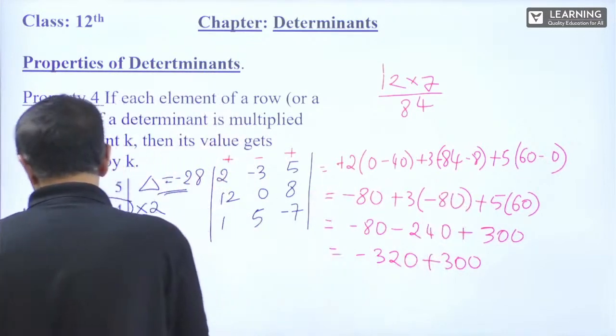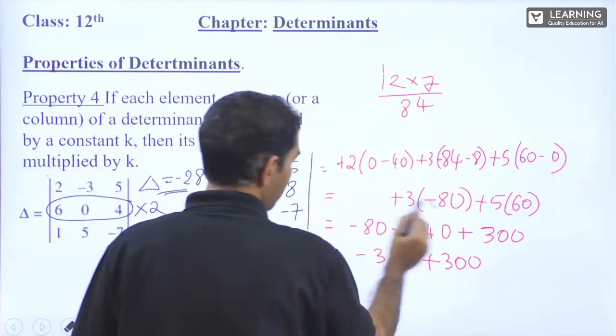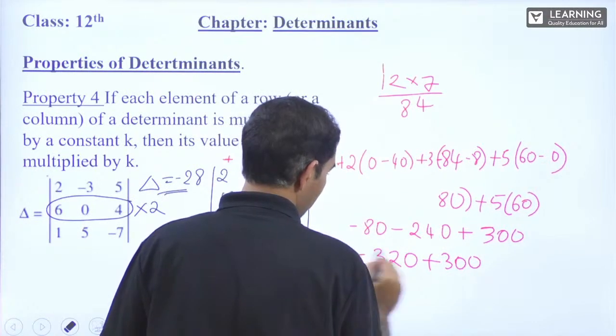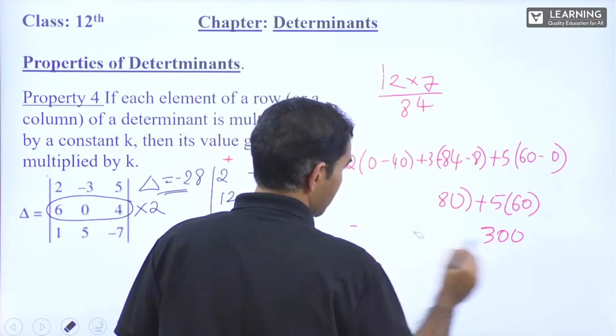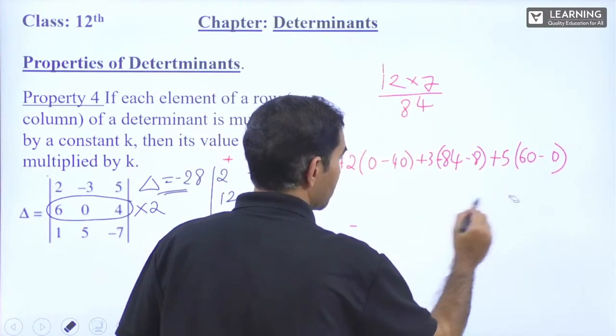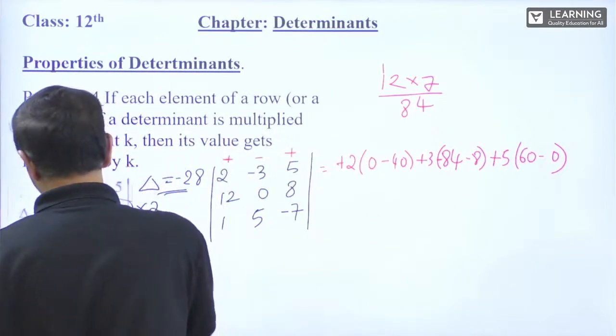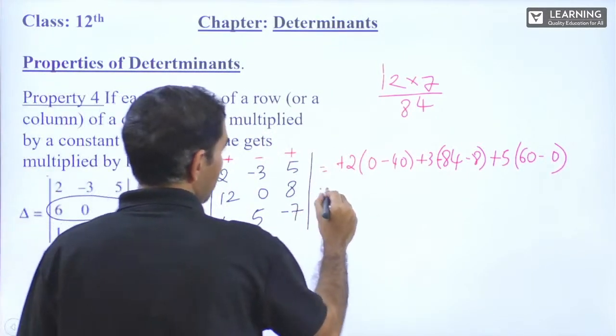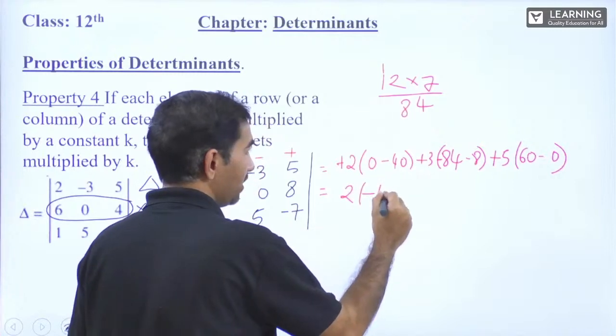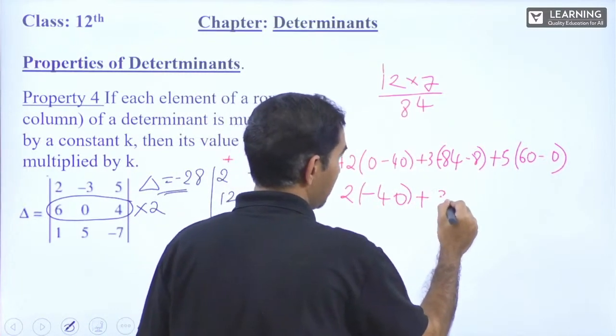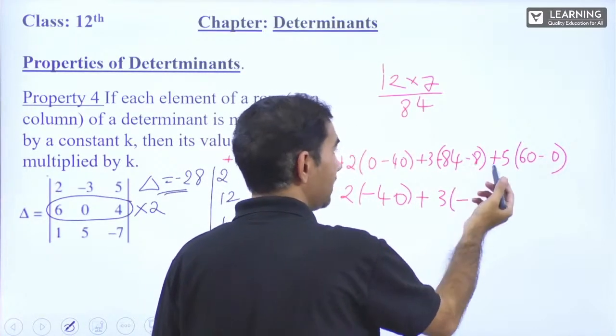So now redoing this again. Two of minus 40 plus 3 of minus 84 minus 8.